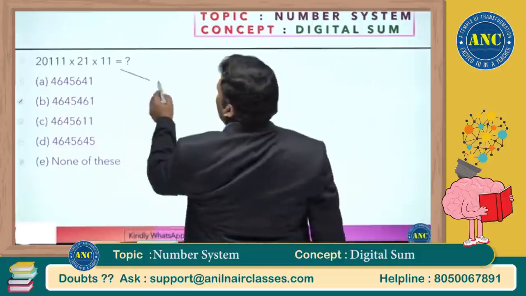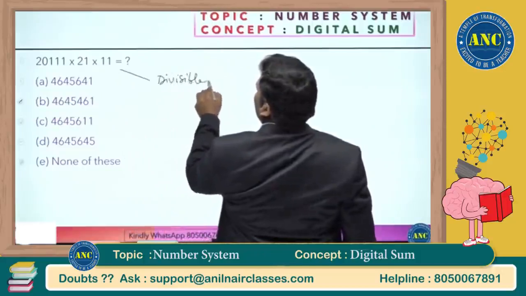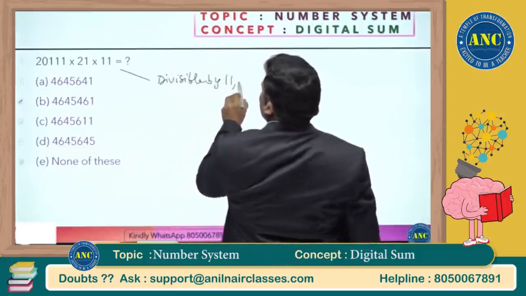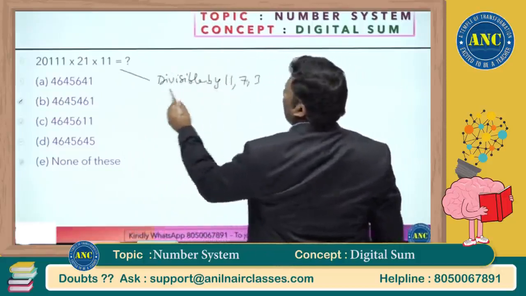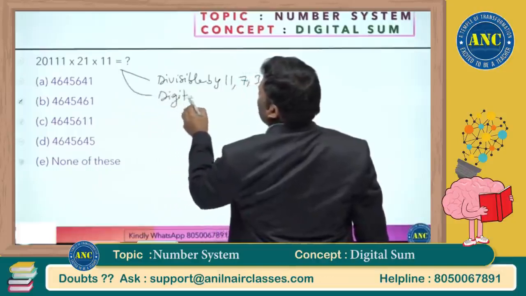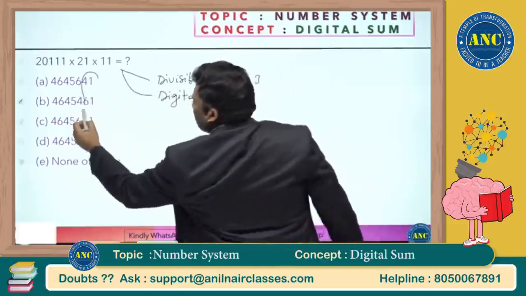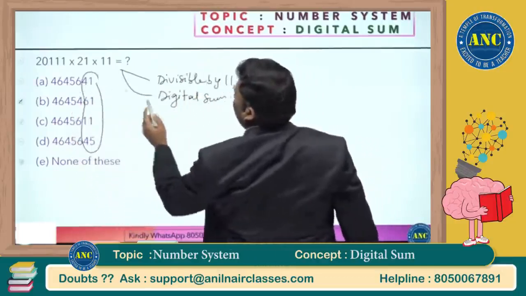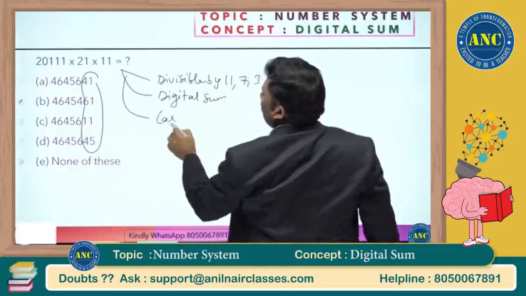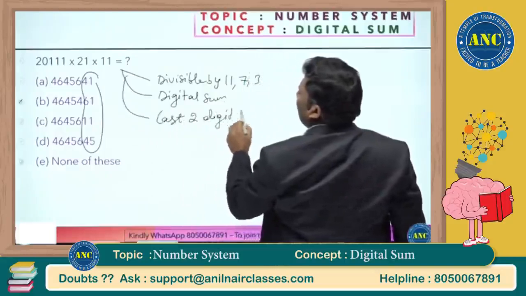So I think this one you can also solve. Answer should be divisible by 11. I'll give you hints. 21 is 7 and 3. And apply digital sum. All the last two digits are quite different from each other, so you can use the concept of last two digits of a number.